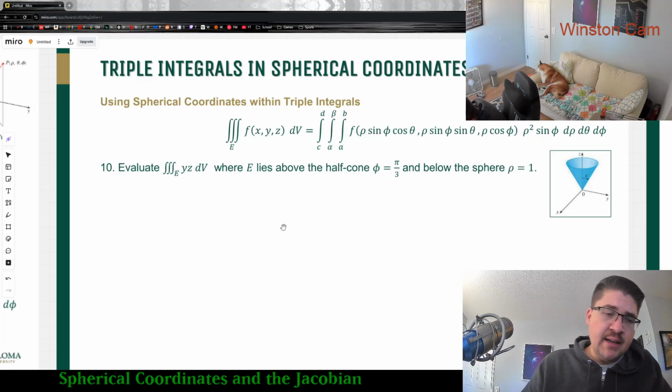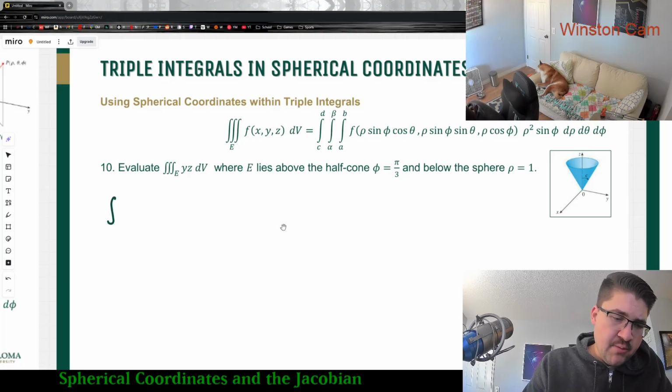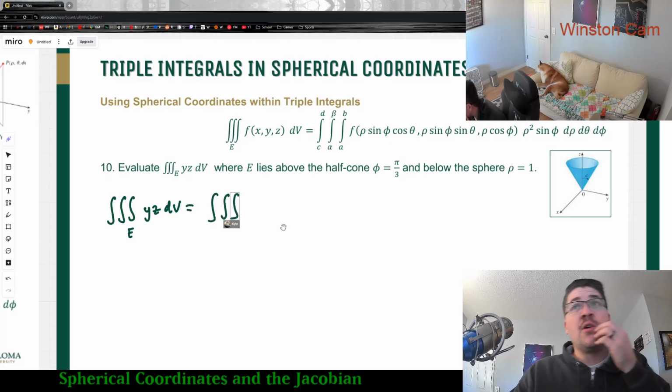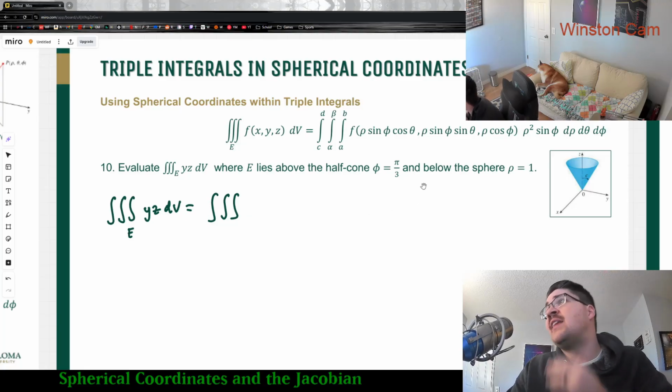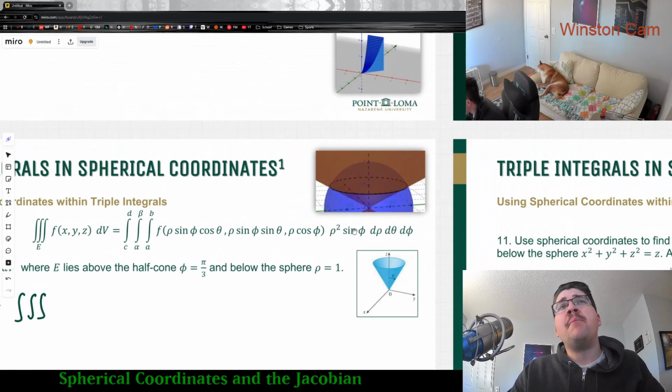So let's go ahead and get it set up. Let's write out our triple integral across region E of yz with respect to the volume. And since this is actually a spherical wedge, I didn't really talk about why that's the case yet. But essentially, rho is going to go from 0 to 1 because we're trapped within a sphere of radius 1.